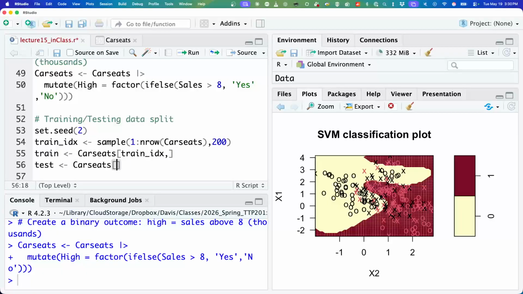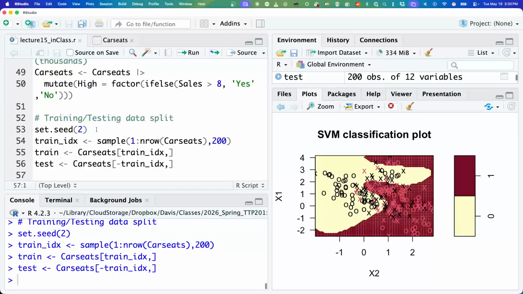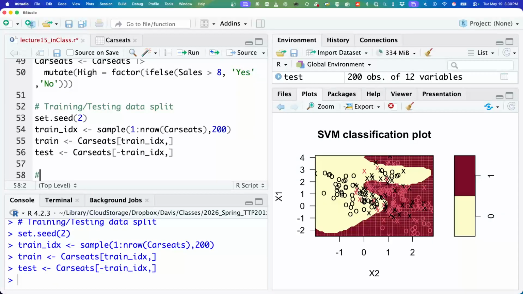So this will be minus train index. Great. So now we have everything set up. We've divided our sales data and categorized it into high versus low, and then we have our data split into training data and testing data.